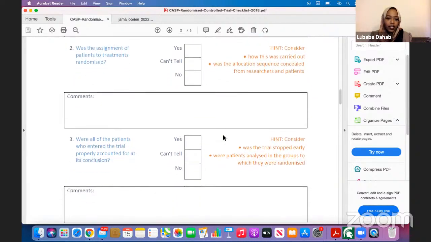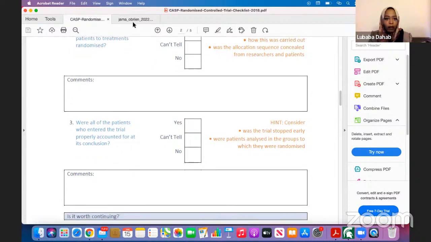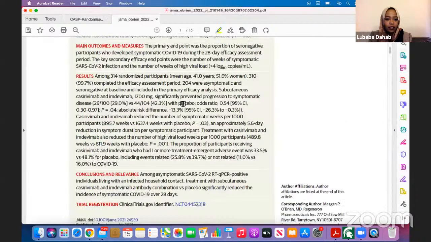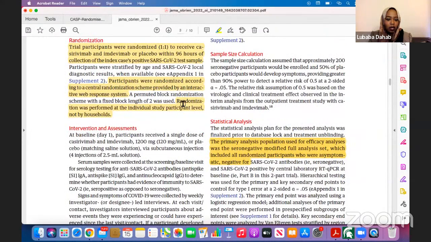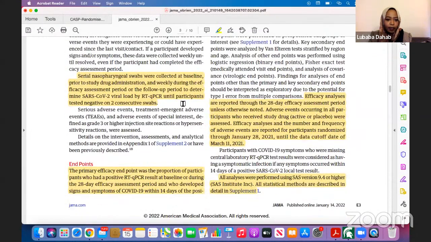The third question is: were all of the patients who entered the trial properly accounted for at its conclusion? I went over the results section here, and they mention how they lost 3 of the participants.